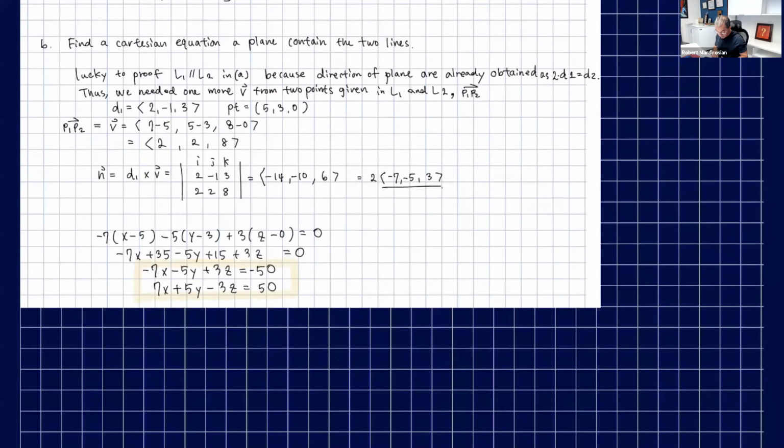Simplify and you get -7x minus 5y plus 3z equal to -50, or you can change the sign: 7x plus 5y minus 3z equals 50. And again, please check the homework problems. I did a problem in detail, very similar to this one.